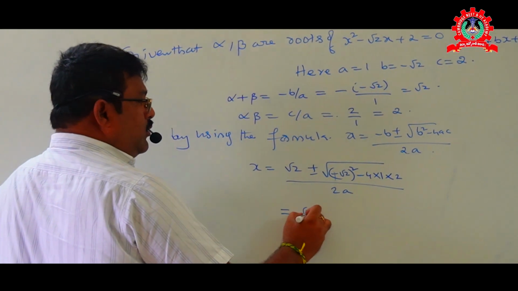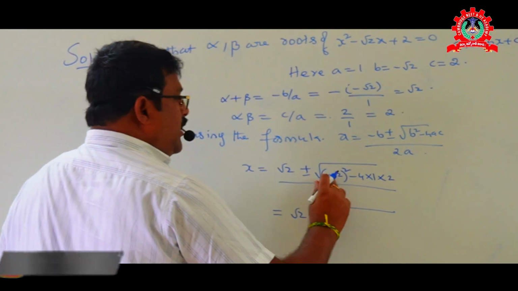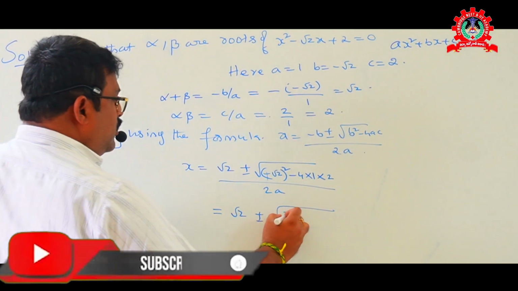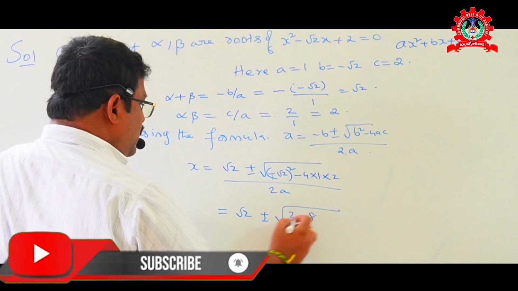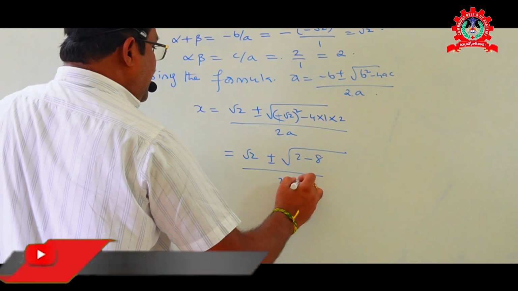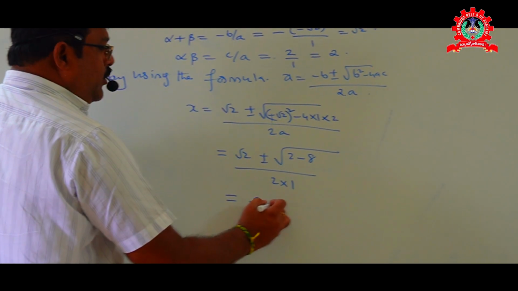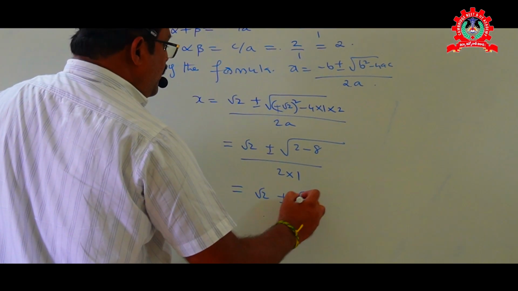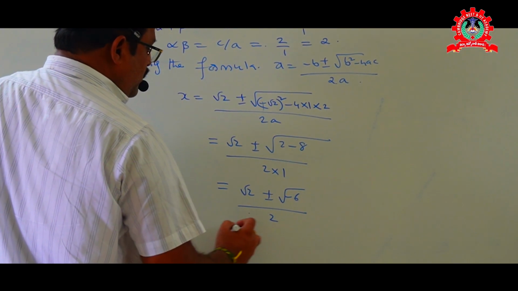This is root 2 plus or minus root of 2 minus 4 into 2, that is 8, by 2 into 1. Root 2 plus or minus root of minus 6 by 2.